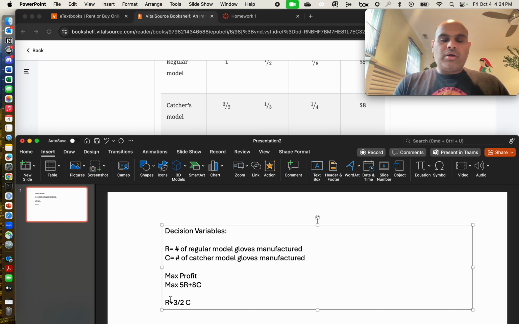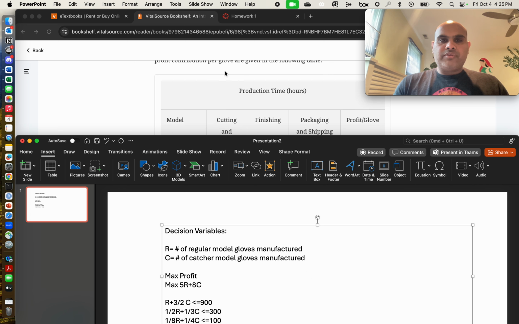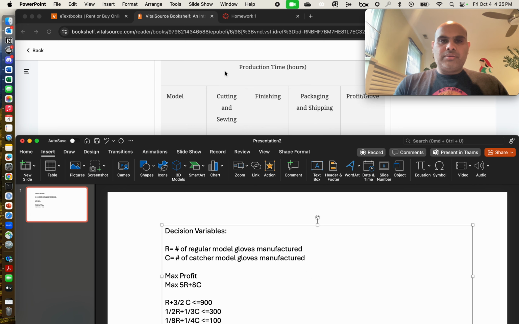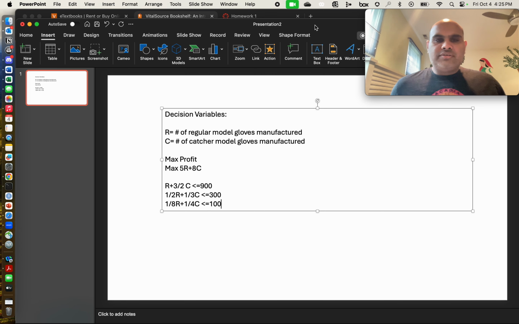And finally, it is 1/8 R plus 1/4 C is less than or equal to 100 hours, right? That's how much time we have available, 100. Okay, right? So apart from this, we have the usual C and R have to be greater than 0. They have to be whole numbers, because we cannot have half a glove and expect to make half the price and profit, right?